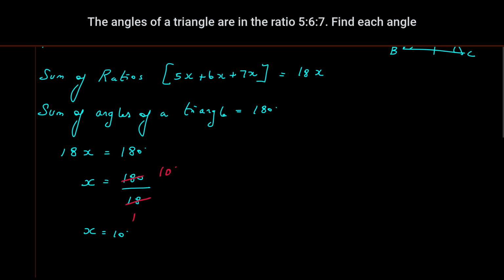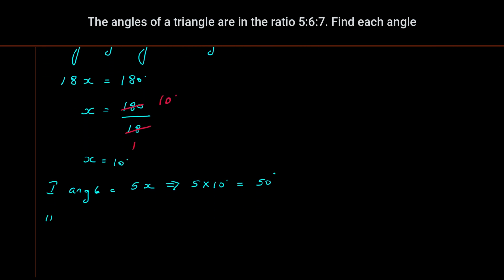So what is the ratio we have? 5x, 6x and 7x. So what is the ratio of the first angle? The first angle is equal to 5x, correct? Which is nothing but 5 into 10 degrees, because the value of x is 10. So 50 degrees. So the first angle is equal to 50 degrees. What's the second angle equal to?